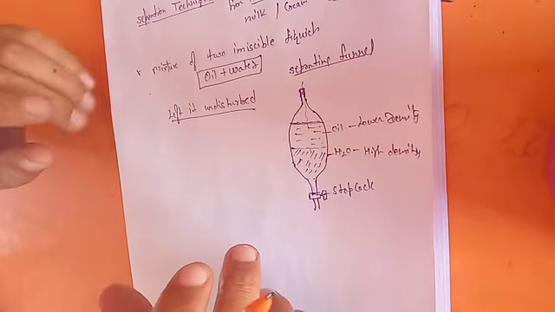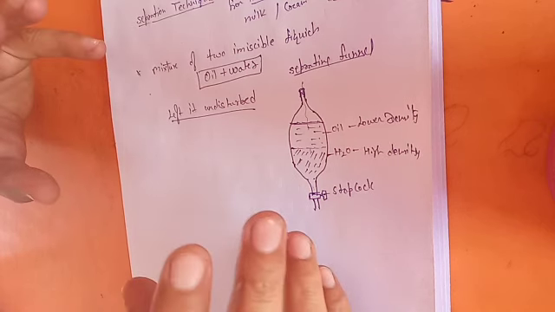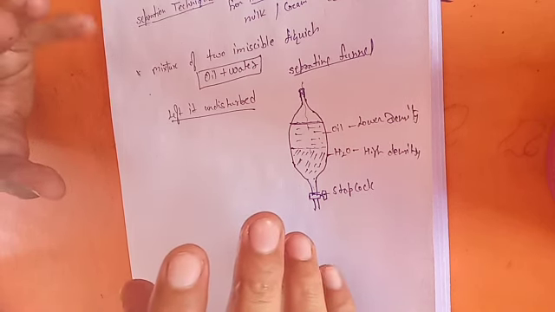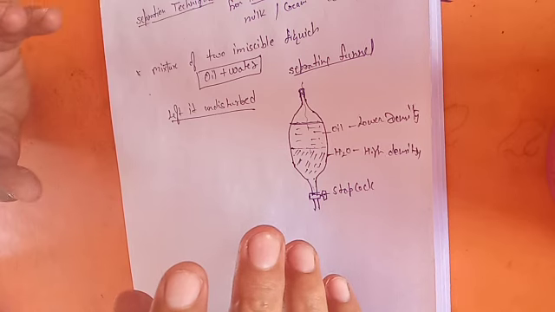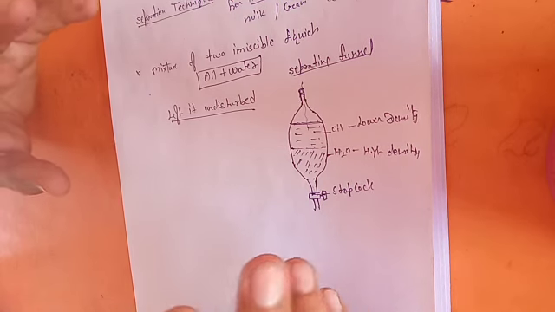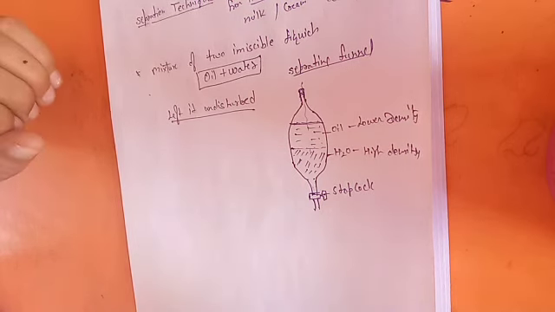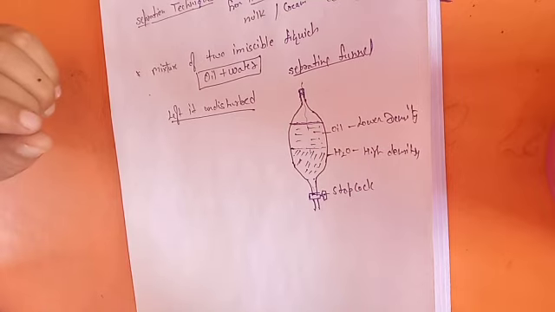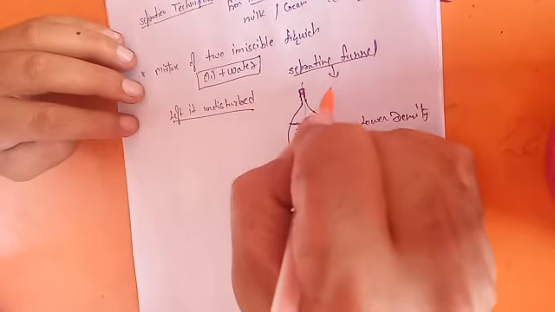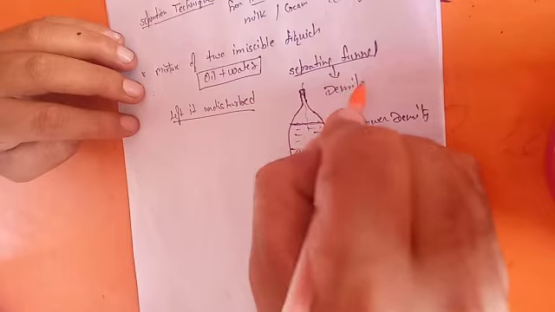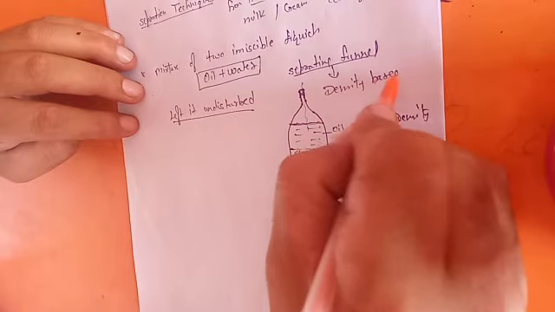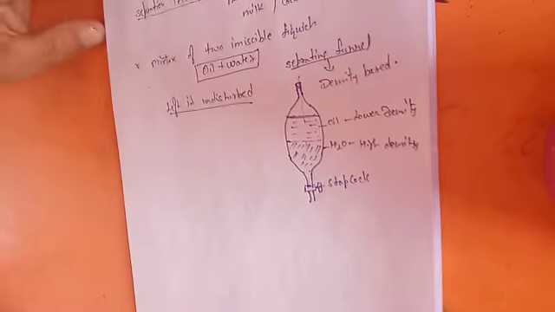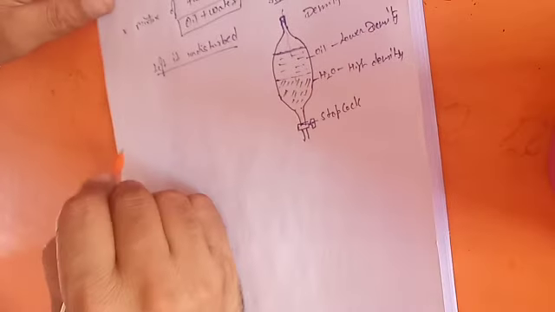If two liquids have different densities from each other, you can easily separate them by using a separating funnel. So this is the first thing: the separating funnel principle is density based.